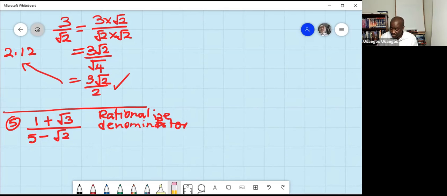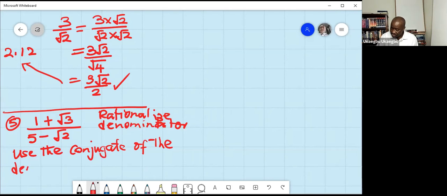So use the conjugate of the denominator.